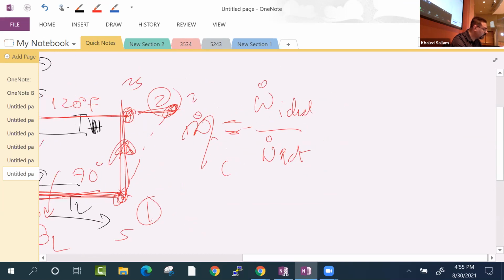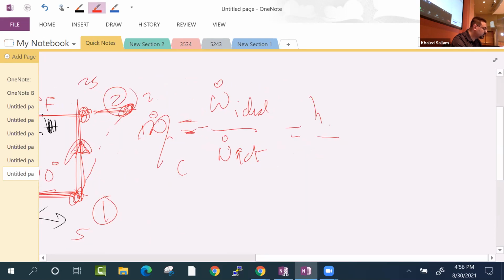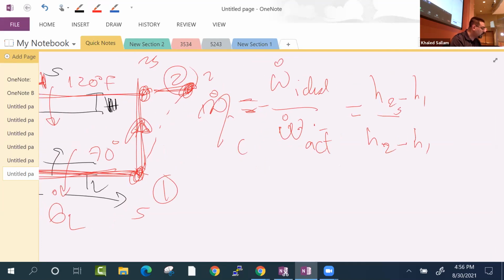Right? That's the isentropic efficiency of the compressor. Or simply H2S minus H1 over H2 minus H1. What is written here? W dot actual. So go from 1 to 2. Okay. So by doing a compressor like this, you can go up, right?